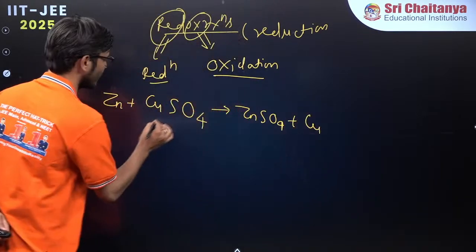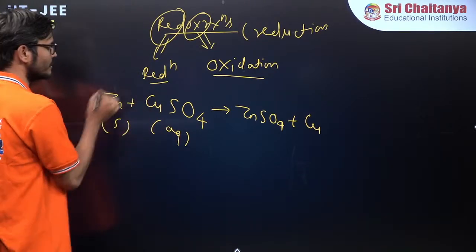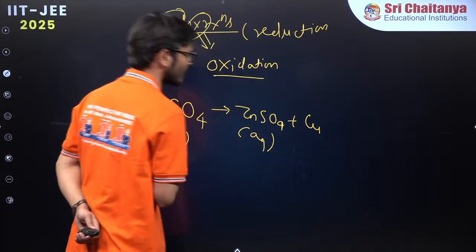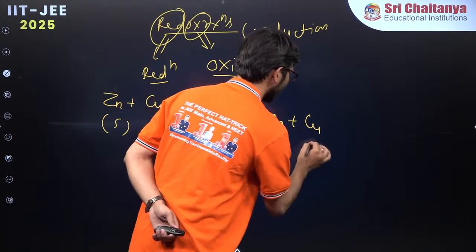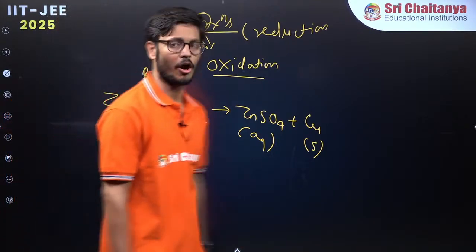So zinc sulfate and copper sulfate are in aqueous solution, and zinc is the solid. Once zinc reacts with the copper sulfate, in aqueous medium we have zinc sulfate, and copper becomes the solid. We all know this reaction, a very famous reaction.